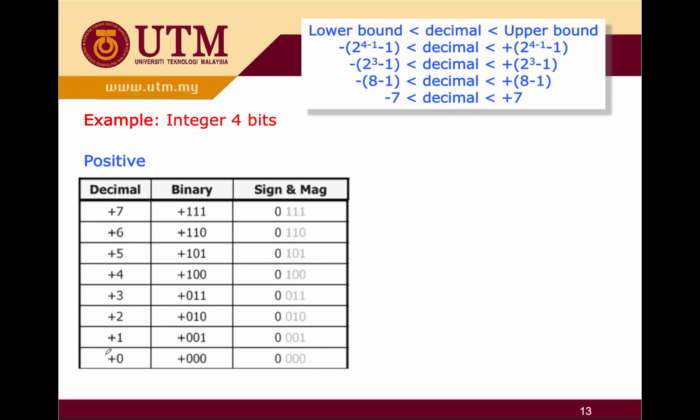You were given 4 bits, so you are going to apply this equation to get the range, the minimum and the maximum. The equation is minus 2 to the power of n minus 1, where n we change to 4. You get this, and this is the range.